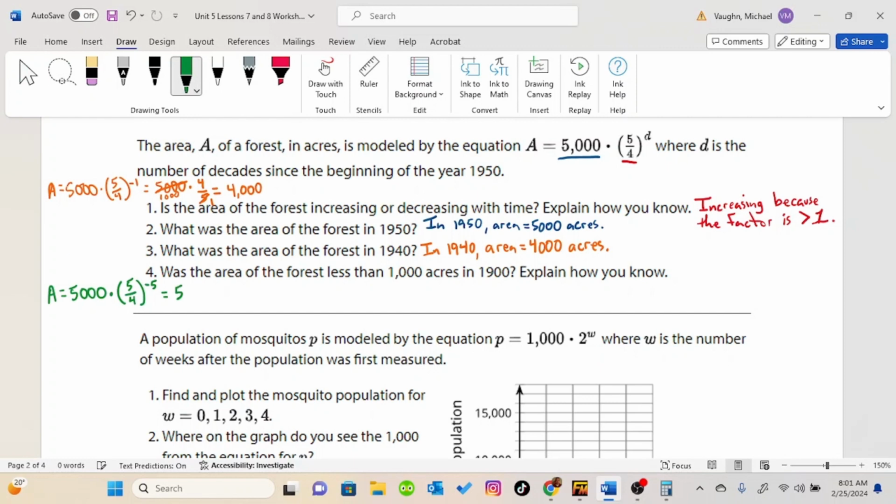Remember that the negative makes this the reciprocal. So now we have 4/5 to the power of 5.